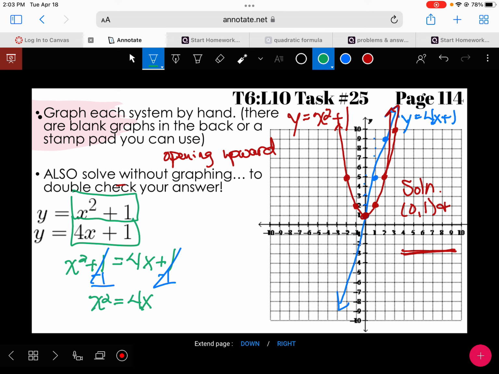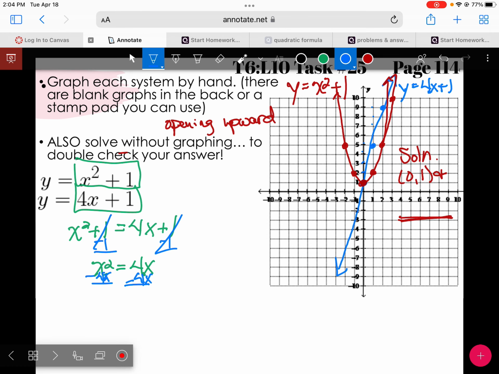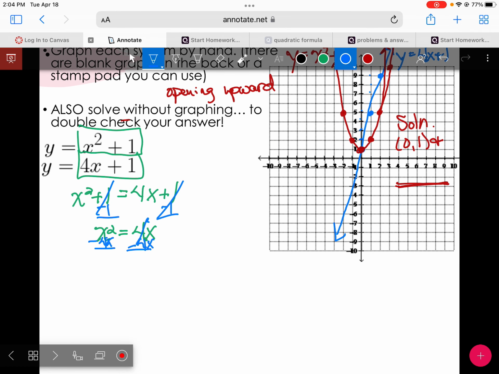We should subtract 4x, or that's what I would do, and get them all on the same side. So if I subtract, I'm going to get x squared minus 4x equals 0, right? We kind of do want to set it equal to 0.